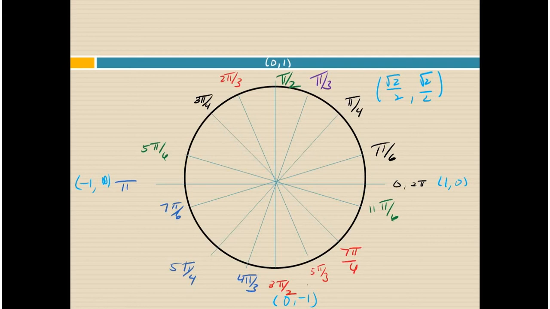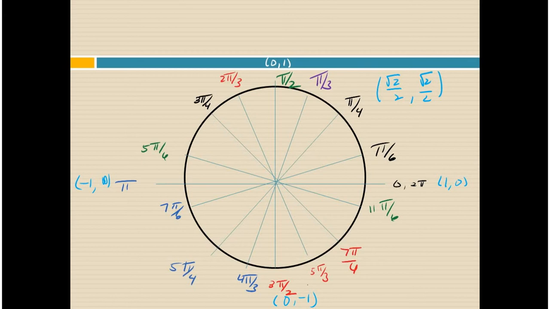Now, I never remembered these initially, that here at pi over 4, I have square root of 2 over 2, square root of 2 over 2. One thing I did remember, though, is at y equals x, that's the line that cuts the diagonal, the y-coordinate must equal the x-coordinate here, right at the diagonal. It's halfway. And you might forget, maybe it's square root of 3 over 2.